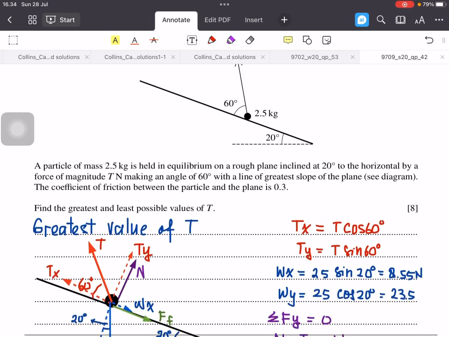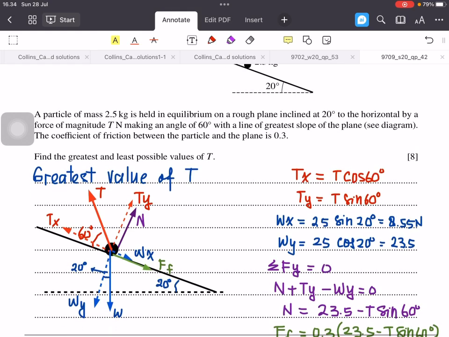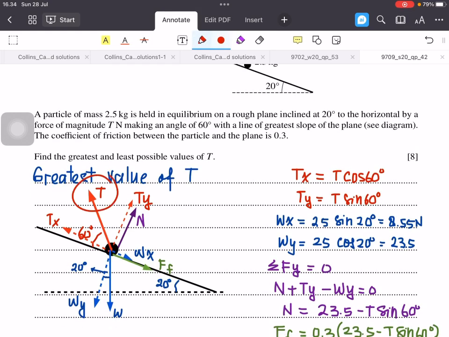So I redraw the diagram, and then I resolve the T in x direction, parallel to the plane, and y direction, which is perpendicular to the plane. Tx is T cos 60 degrees, while Ty is T sin 60 degrees.